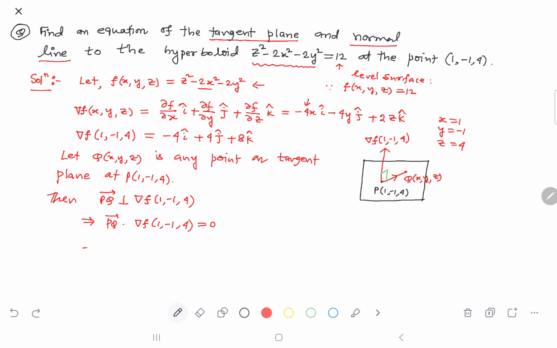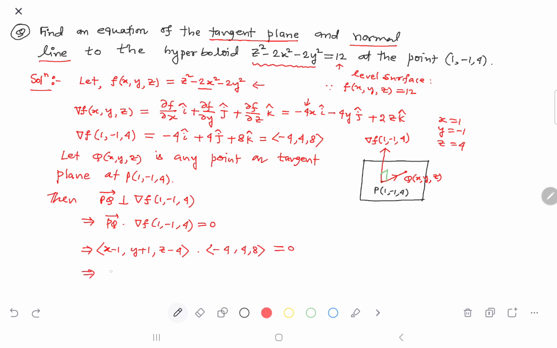That's fine. What is the PQ vector? This is x minus 1, y plus 1, z minus 4. This vector dot the gradient vector, let me write in component form: negative 4, 4, 8. So if you put it here, this equals 0.